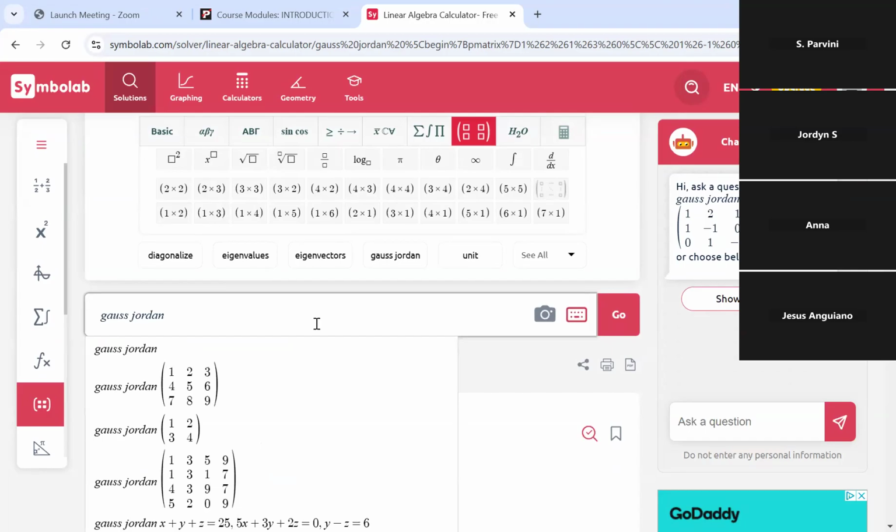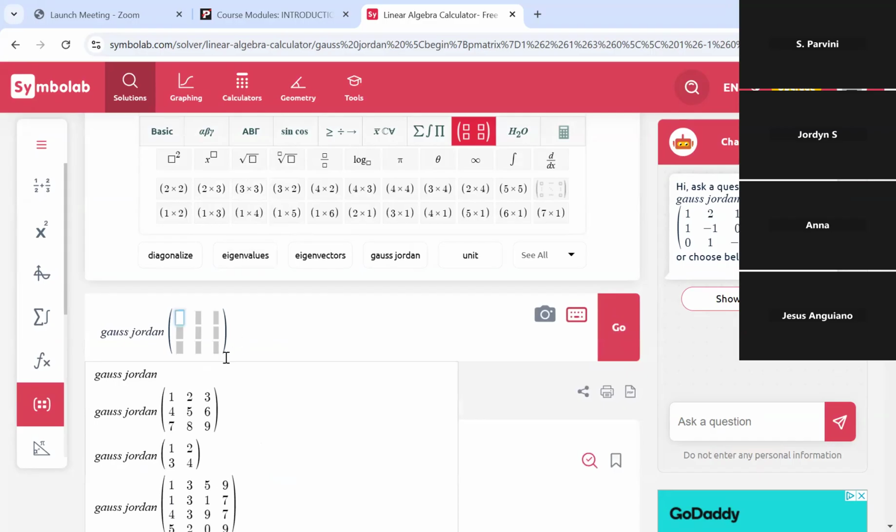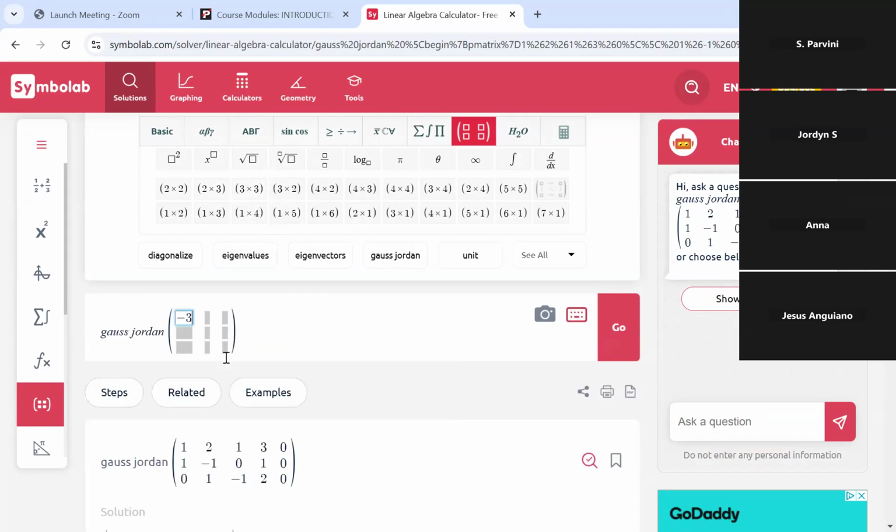Our matrix has 3 rows and 3 columns, right? So there's a 3 by 3 already up there. And I'm just copying the numbers: -3, 5, -22.